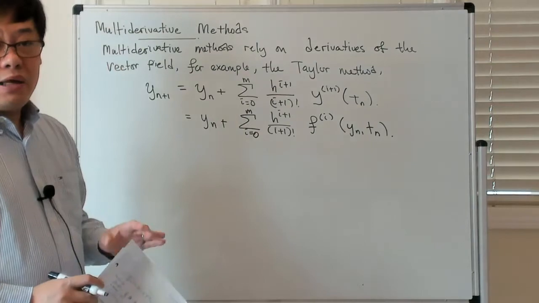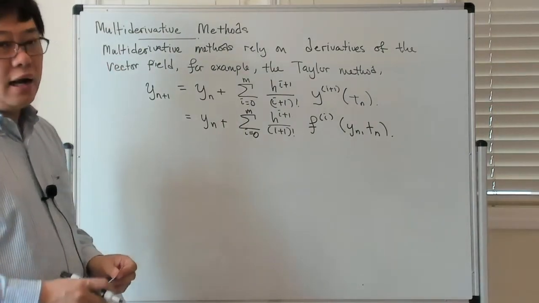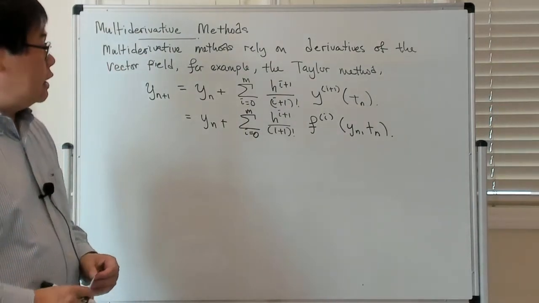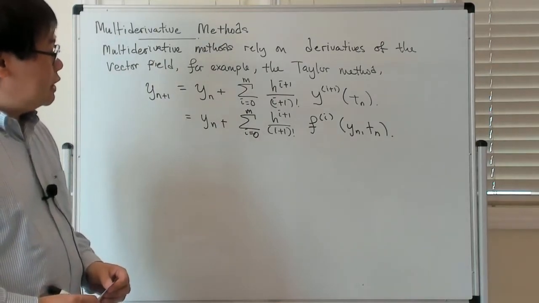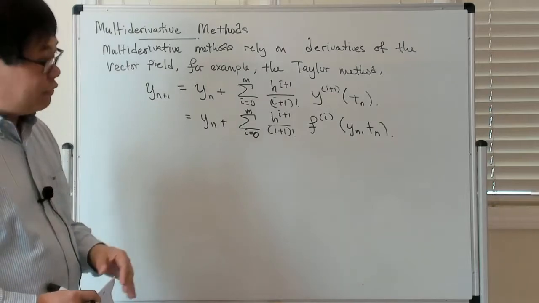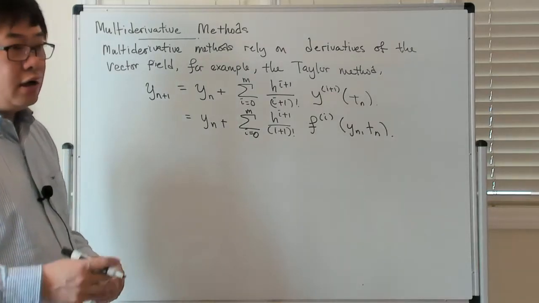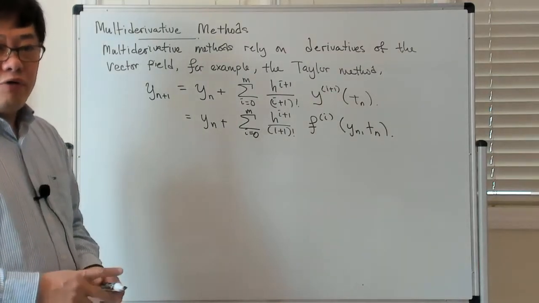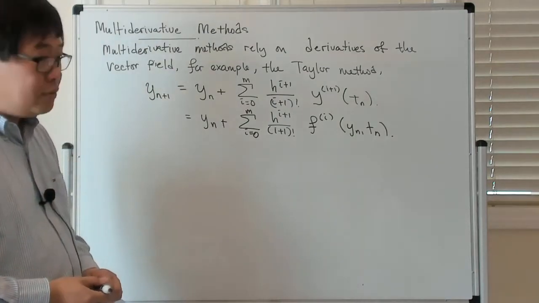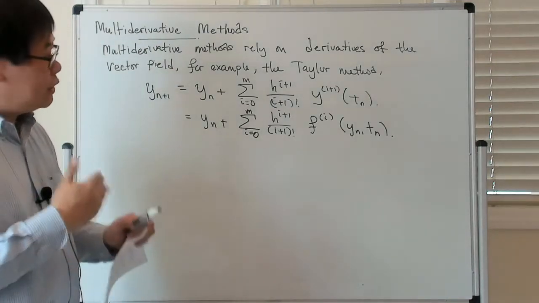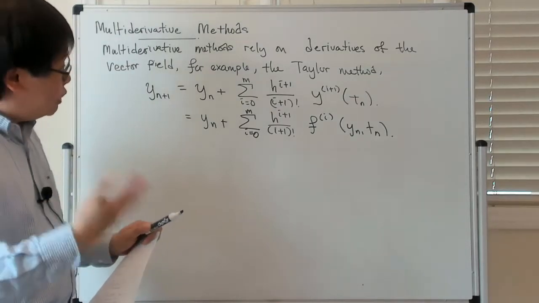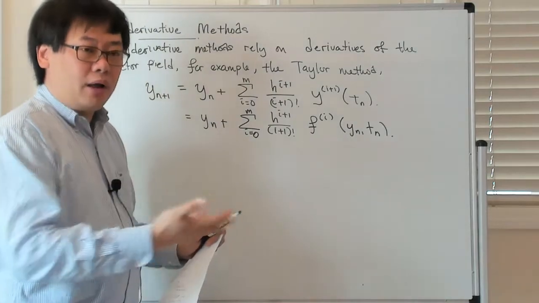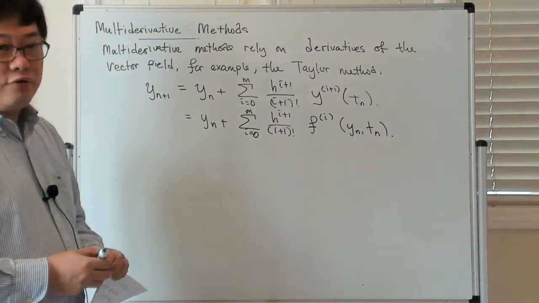So one immediate observation, if you will, is that unlike some of the other methods which we studied, like multi-step methods or Runge-Kutta methods, this does involve derivatives of the vector field. All right, so just given the formulation of the problem as an initial value problem where you know the differential equation and you know the initial conditions, you actually now further need to basically symbolically differentiate the vector field which is given to you.